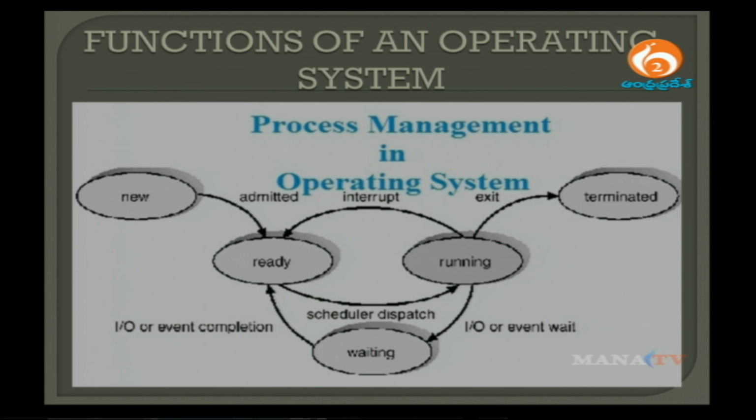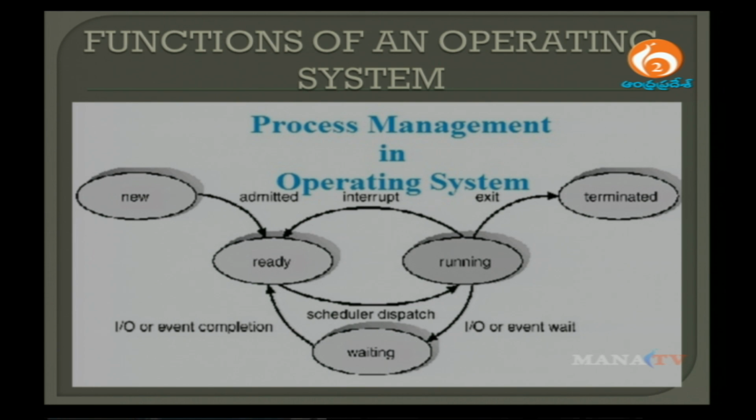That is, when you give a command, when you give a process, first when we have the new process, it will be admitted to the processor, and once it is ready, it will move to running, and from running it will exit.